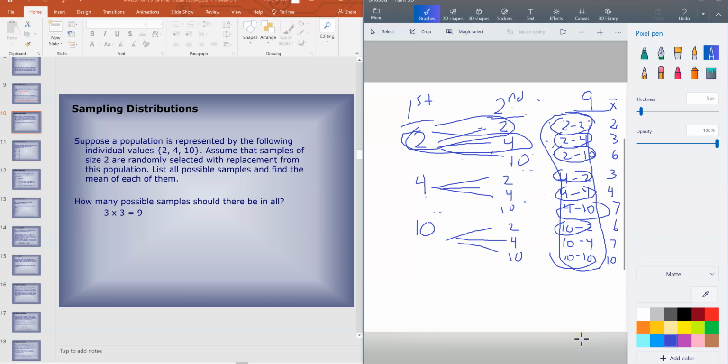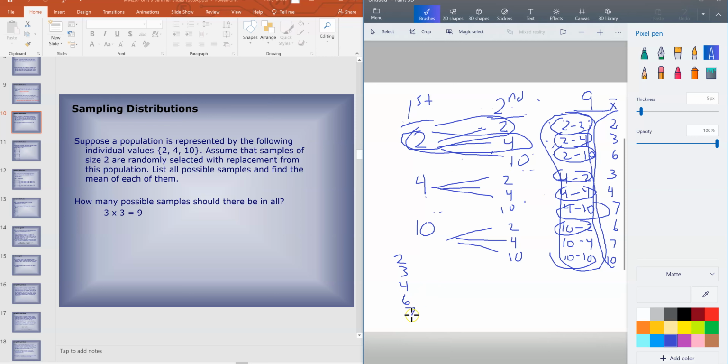All right. You will then be asked to give the probabilities as a simplified fraction. And so what you're going to do here, our only possible sample means, if you notice over here in this column, are a 2, a 3, a 4, let's see, a 6, a 7, and a 10.